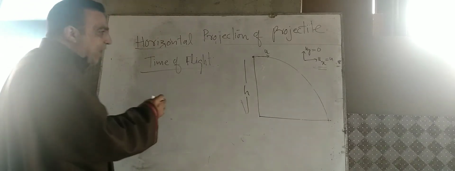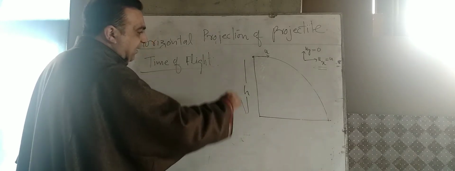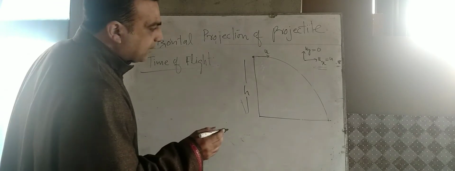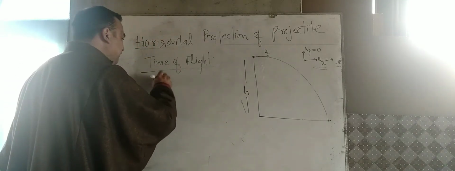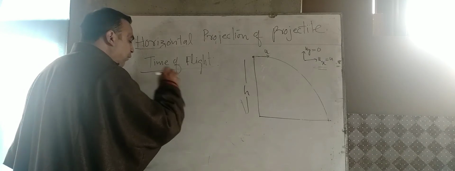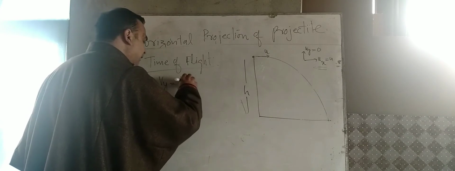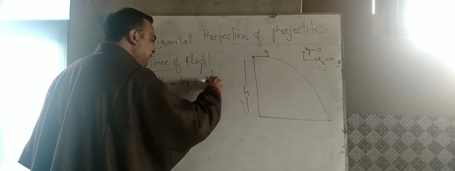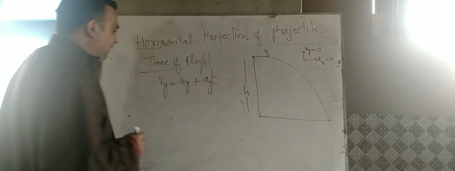Now, if I write down the equation for final velocity, suppose I write Vy is equal to Uy plus AyT.